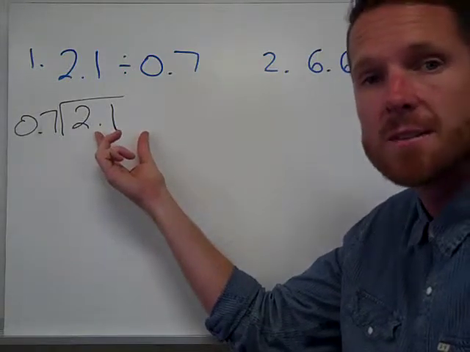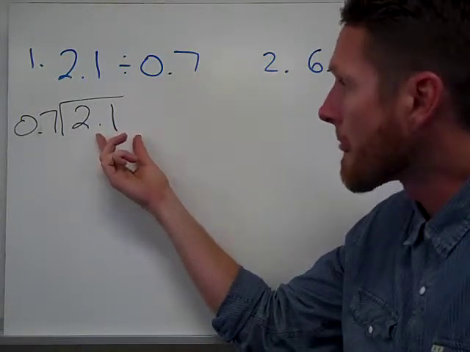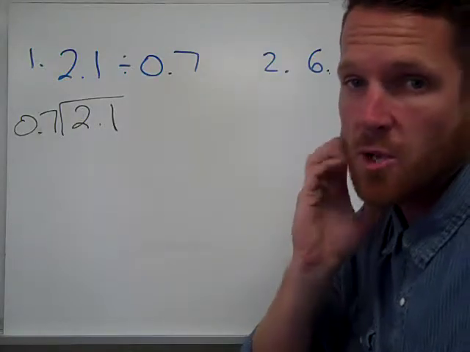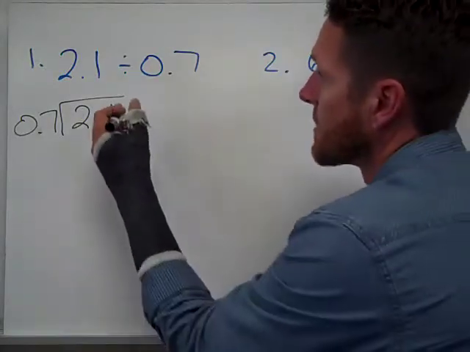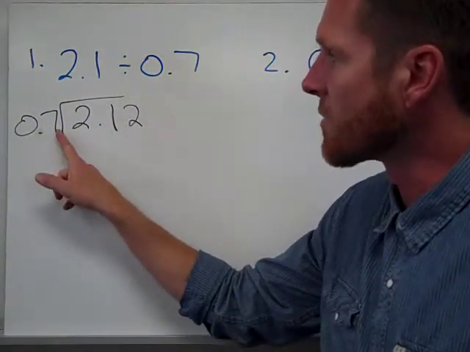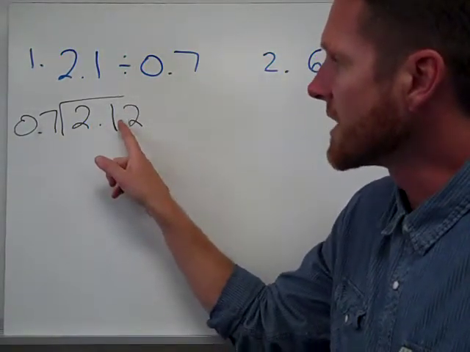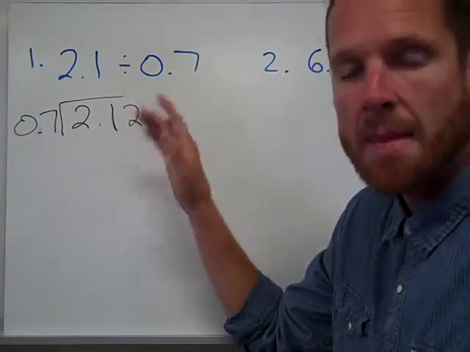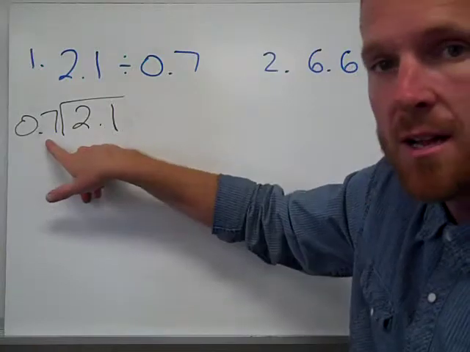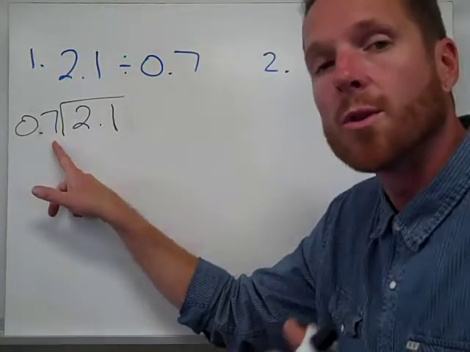This number can stay a decimal, but whatever you do to one number, you have to do to the other number. What I mean is, let's say there was a 2 here. If I multiply this by 10, this moves over one and this moves over one. There's still a decimal place value in the number, and that's okay. We just need to make sure that the number out here is a whole number.